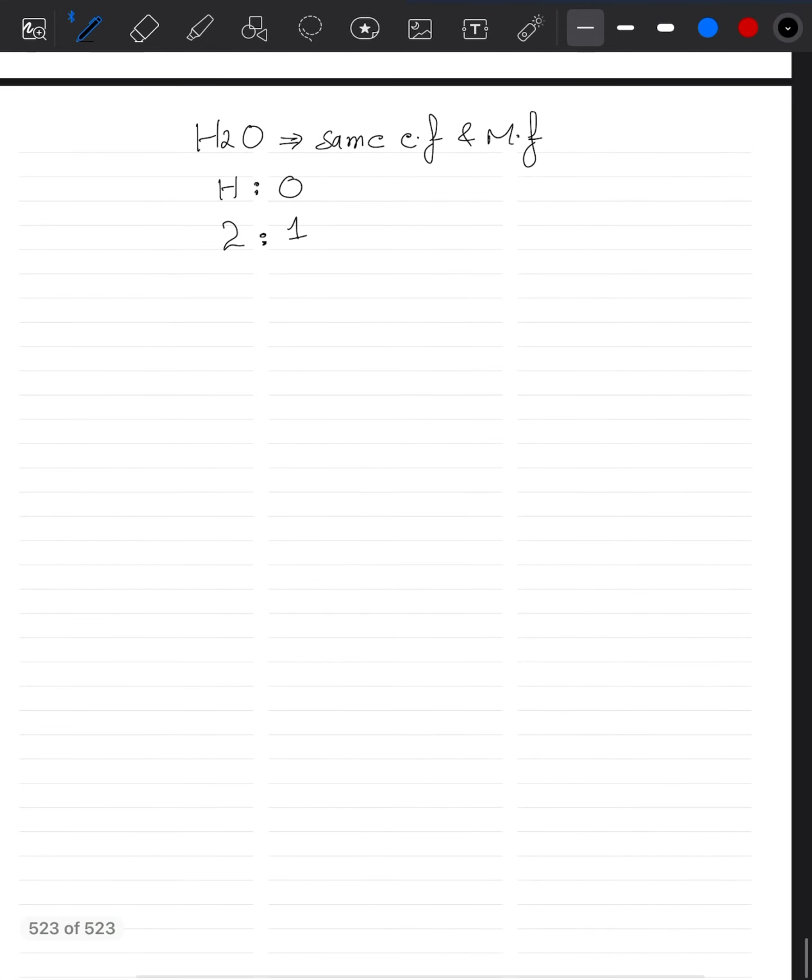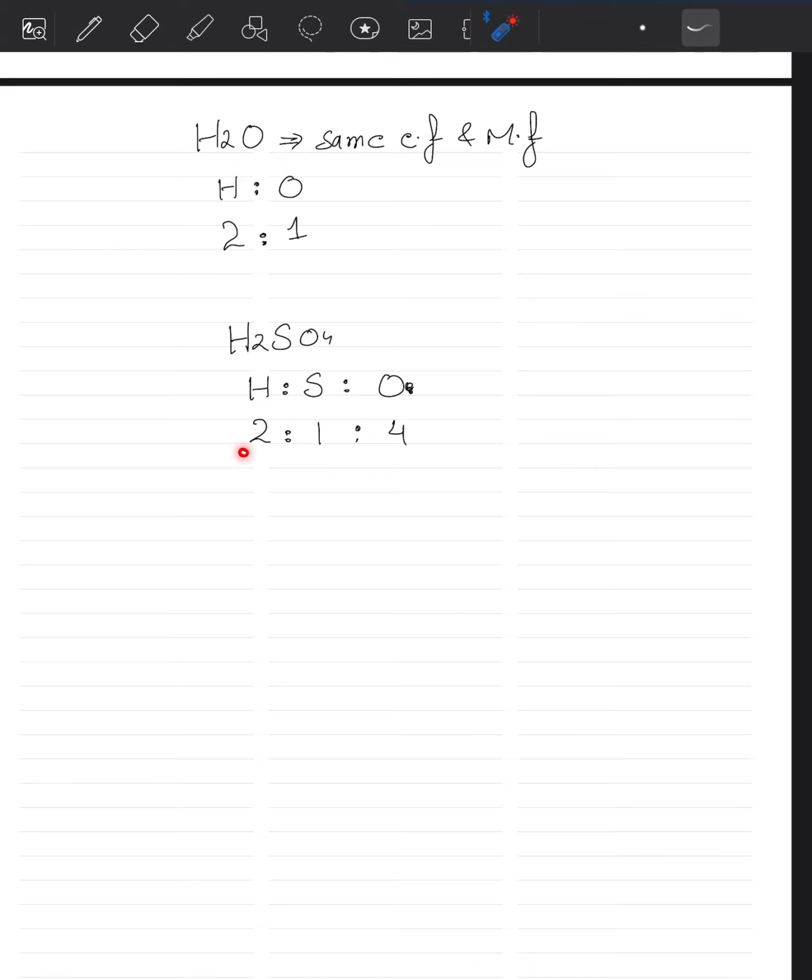Let's take another example. Let's say we have sulfuric acid, which has a formula of H2SO4. Now we have hydrogen, sulfur, and oxygen: 2 hydrogen, 1 sulfur, and 4 oxygen. If we want to simplify this ratio, we can't, because it is already in the simplest form.